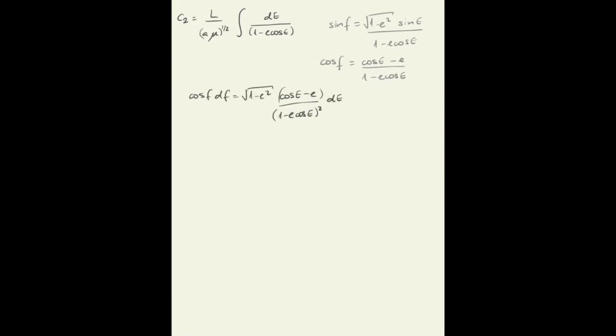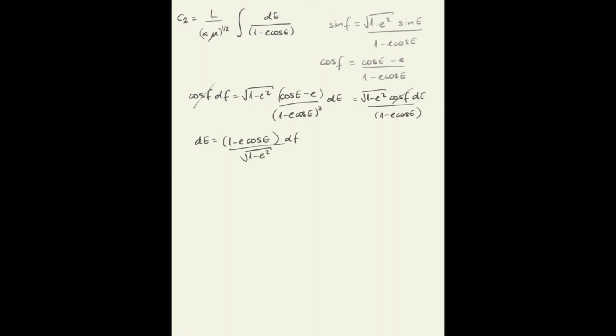Now this middle part here is the cosine of f, divided by an extra 1 minus e cosine E. So the cosine of f cuts on both sides, and we can write dE in terms of df. The differential of the eccentric anomaly, dE, is then (1 minus e cosine E) times df over the square root of 1 minus the square of the eccentricity.